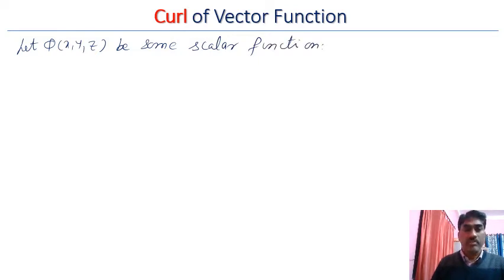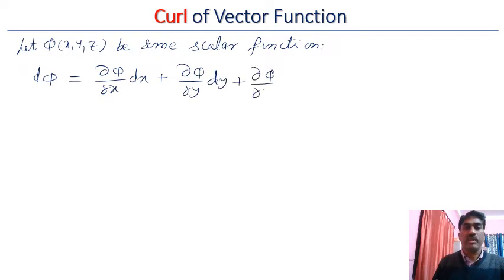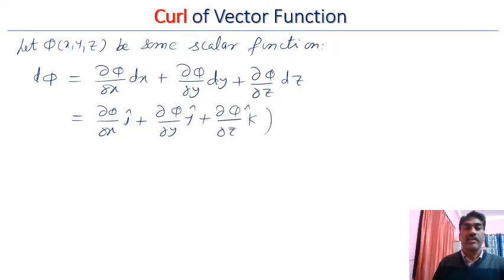From the total derivative, we know that the differential d phi is equal to del phi by del x dx plus del phi by del y dy plus del phi by del z dz, and this can be written as del phi by del x i plus del phi by del y j plus del phi by del z k, dot product with dx i plus dy j plus dz k.